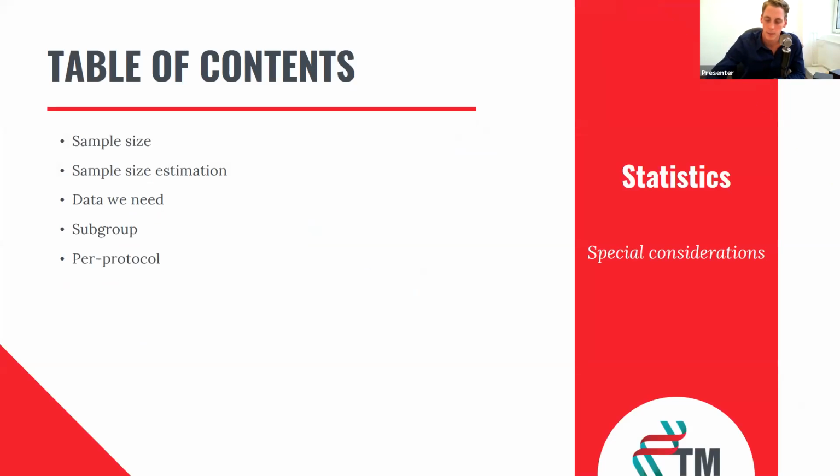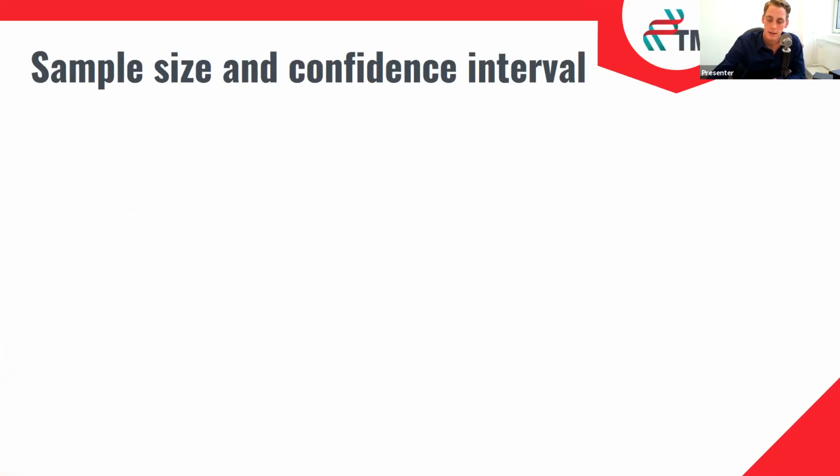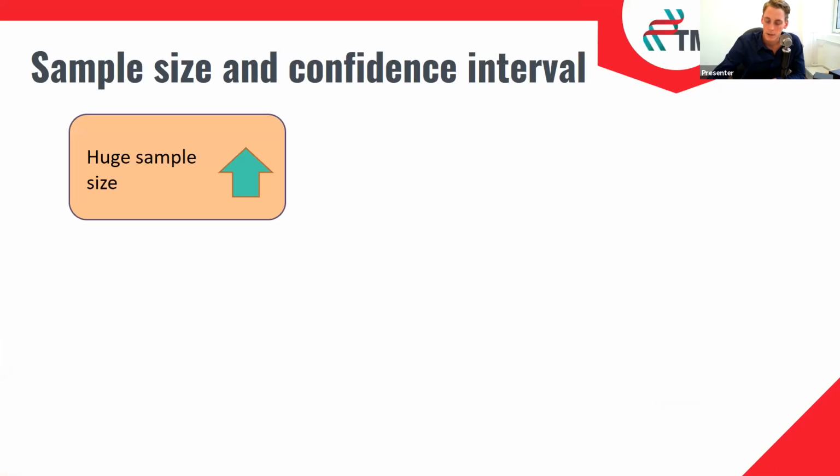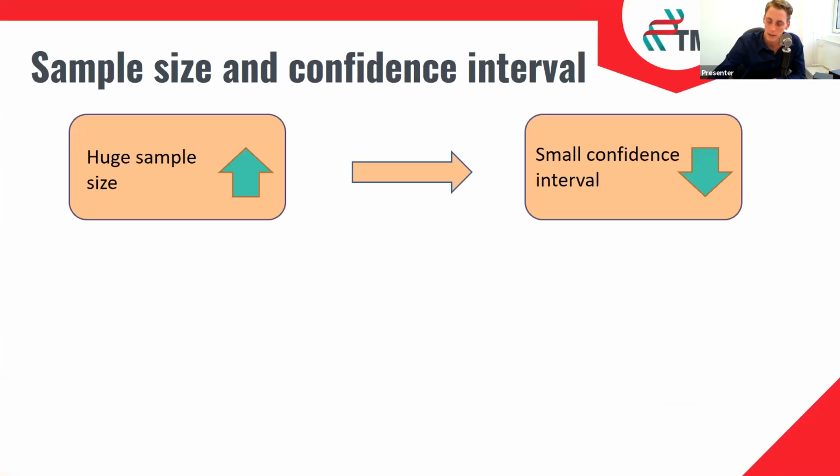Here you can see the main topics I would like to talk about, such as sample size, data, subgroup, and per protocol analysis. First of all, let's see the connection between sample size and confidence interval. It is important to know that the smaller the confidence interval is, the more accurate it is, like I mentioned yesterday.